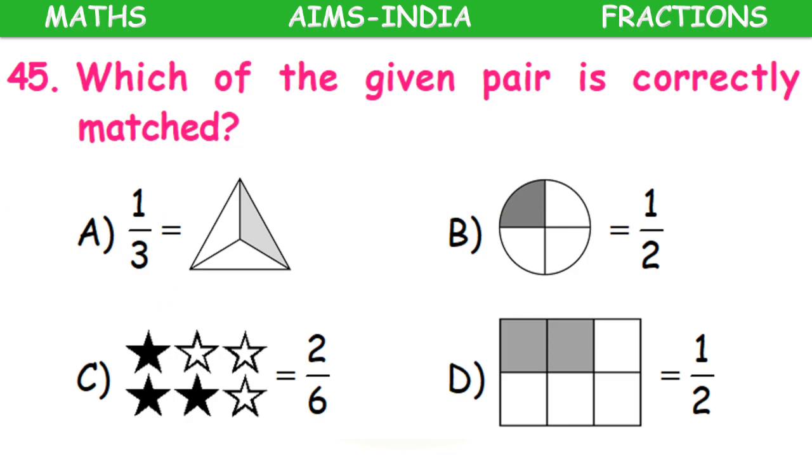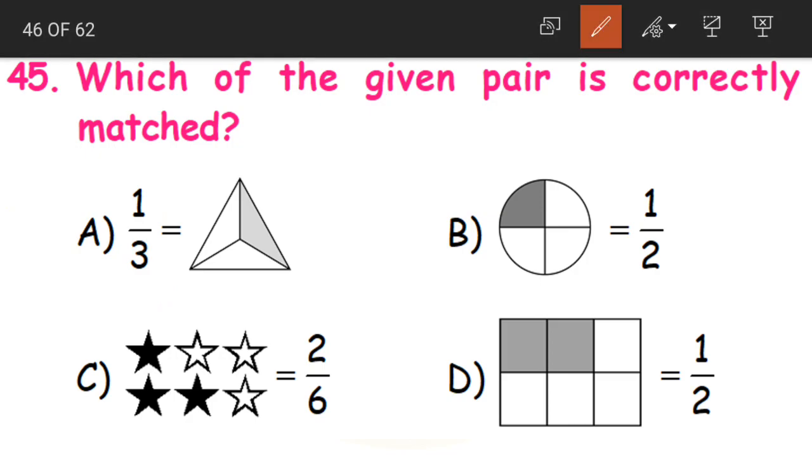Next, which of the given pair is correctly matched? If you look at here, option A, 1 by 3. Yes, the triangle is divided into 3 parts. The denominator is correct and only one part is shaded. So, even the numerator is correct. So, option A becomes our correct answer.